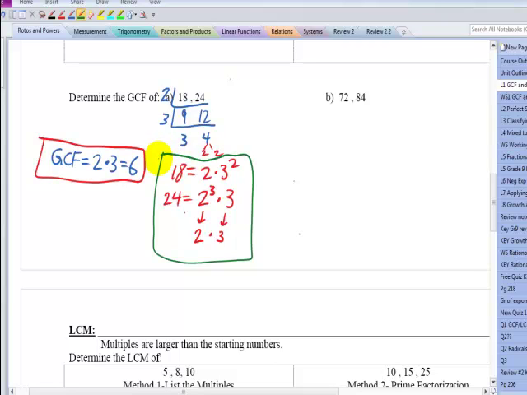Okay, 72 and 84. Go ahead. Do your factor ladder.